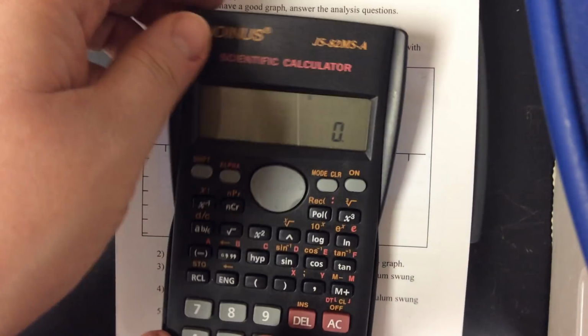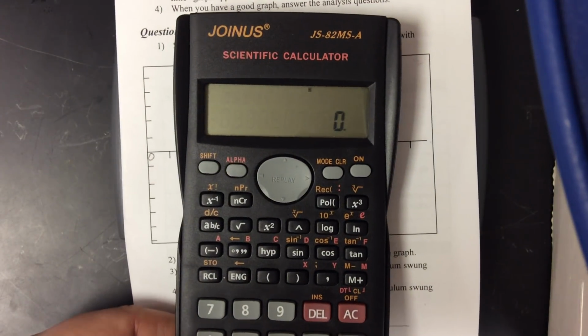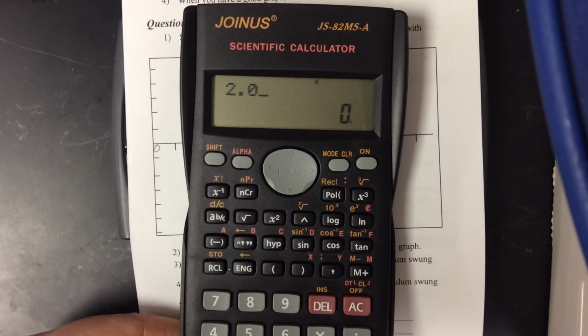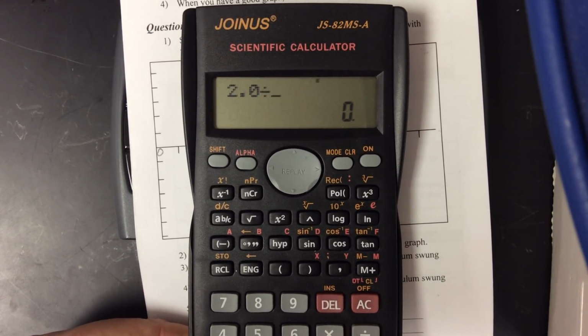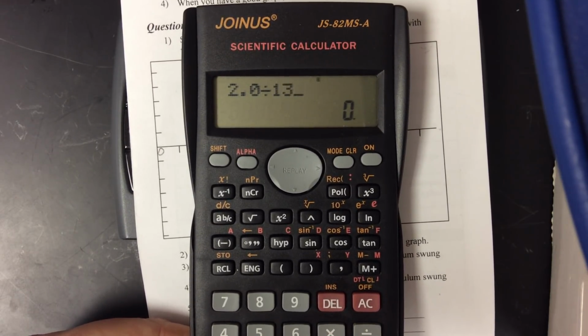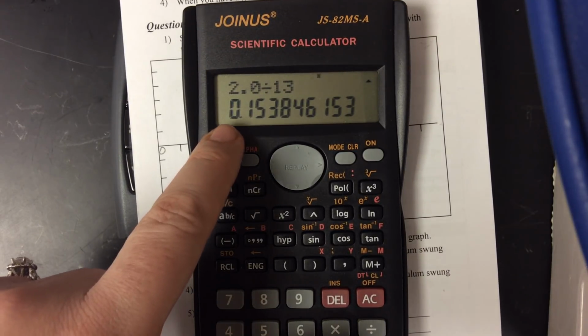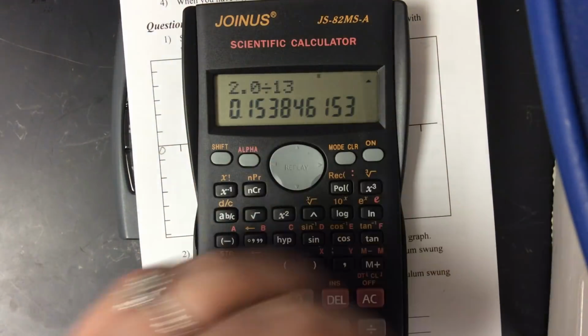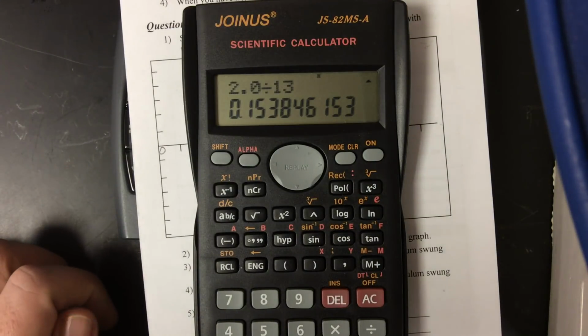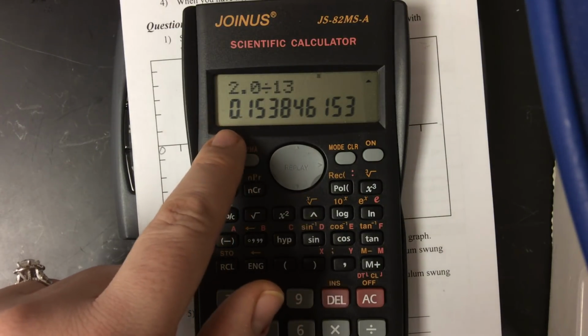So I come to my calculator, and I know I have 2.0 seconds divided by 13 lines to fit it in. And that gives me 0.1538, blah, blah, blah. Well, I don't want to count by 0.15s. I want to count by 0.2s.